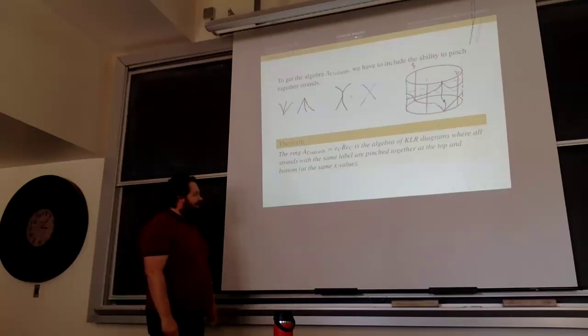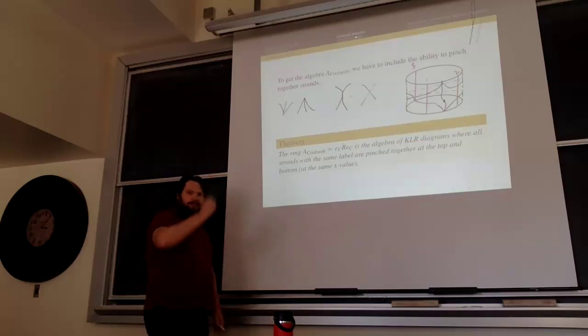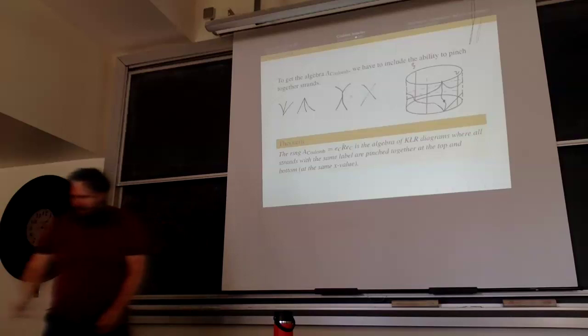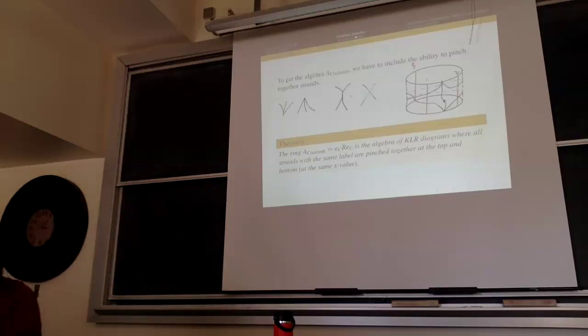You gave this description of a category, and there's an object in the category where I have my circle, and a bunch of 1s here, and a bunch of 2s here, and a bunch of 3s.